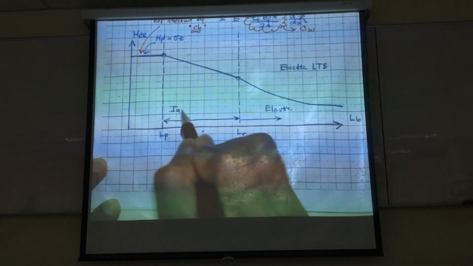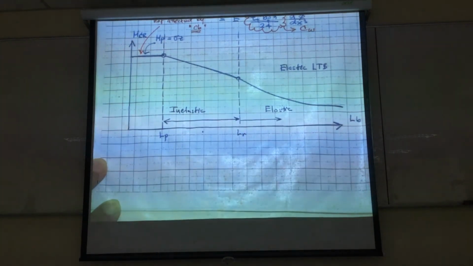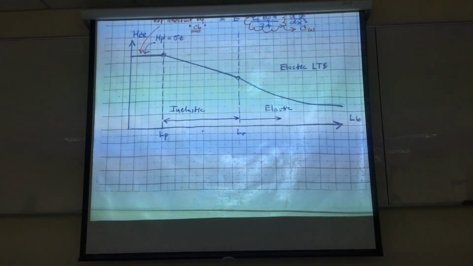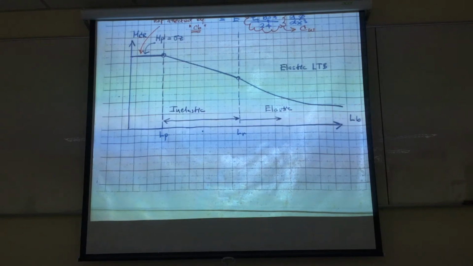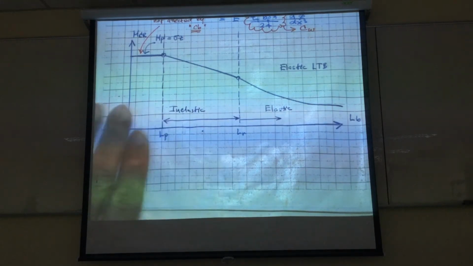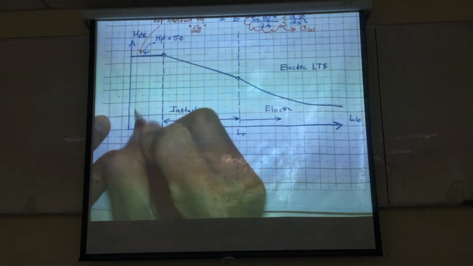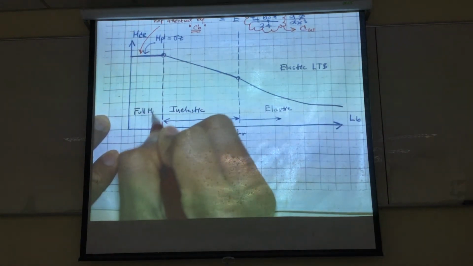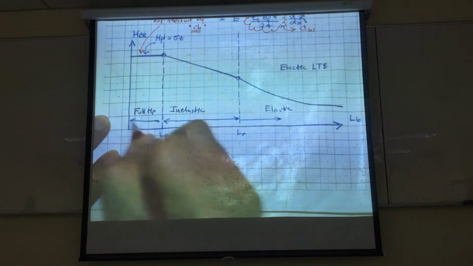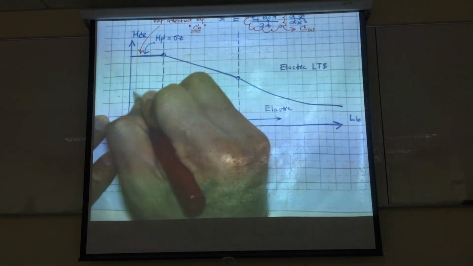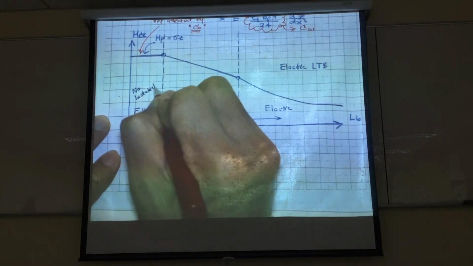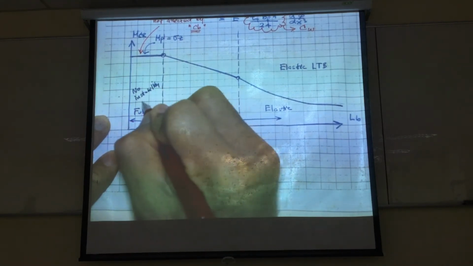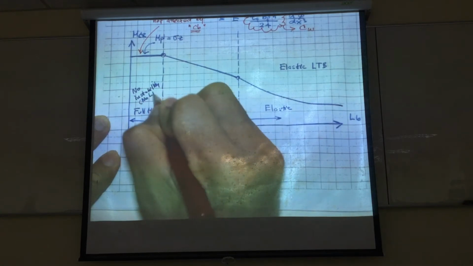This is elastic, but you are having the inelastic buckling, but you cannot develop the full plastic moment over here, and here is like a full empty. So this zone has, like, let's say, no instability. No LTB.